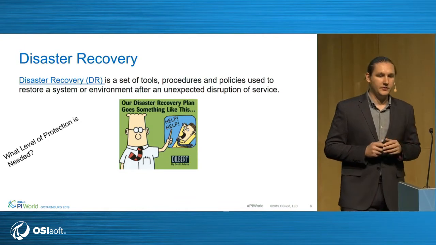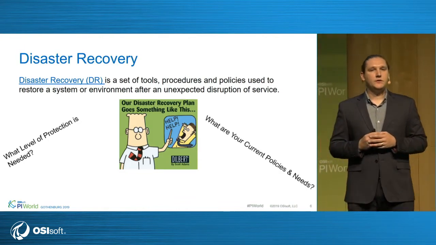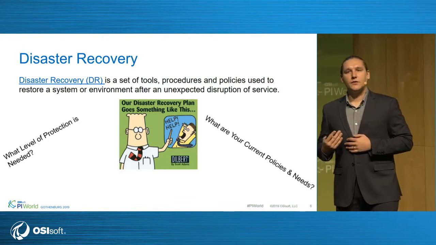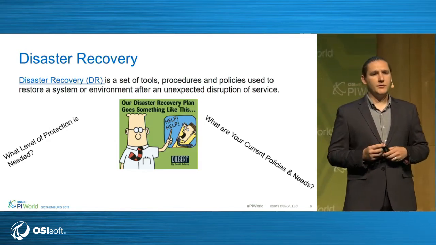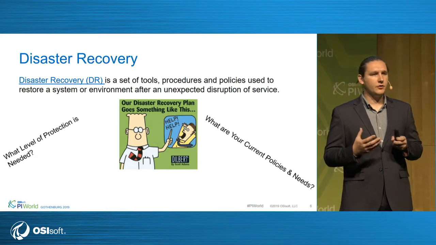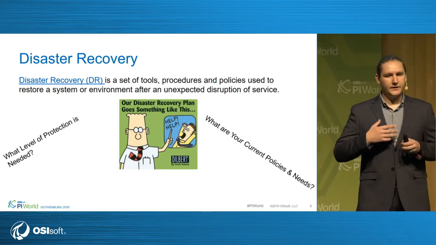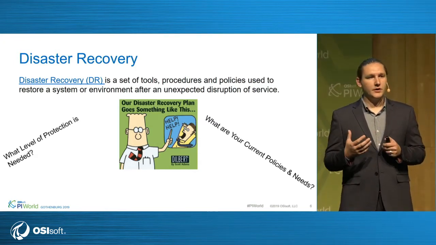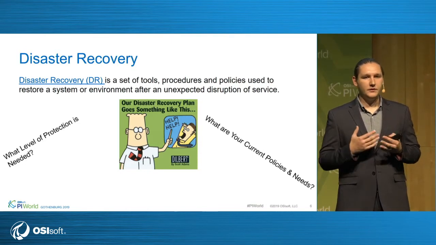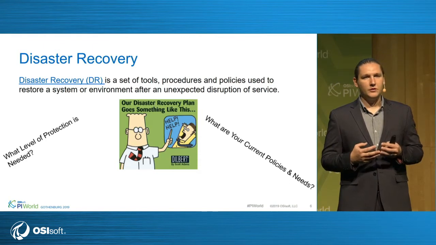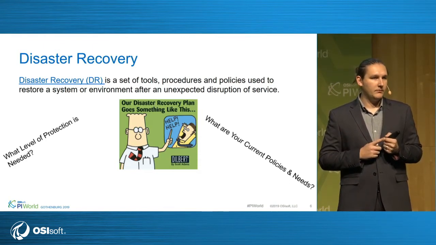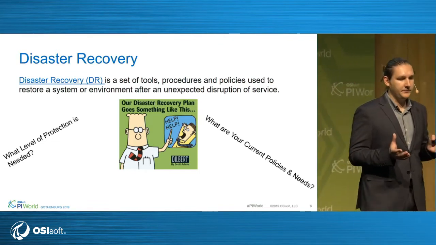This is the first part. Then we need to decide what are the current policies of disaster recovery plan in your organization. For example, what is the time that is allocated for recovery? So is it enough to have everything back to normal in 1 minute, 1 hour, 1 day, 1 month? So what are the timelines?